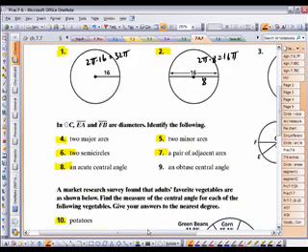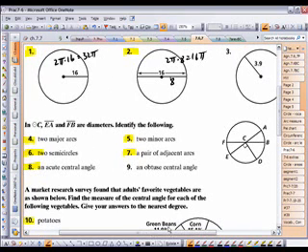All right, here we have identifying some arcs. If we're trying to find major arcs, they are more than 180, so you could say something like EBF. That's an example of a major arc, because we start at E, go through B all the way back to F. A minor arc, well, you could say DB, that's clearly less than 180.